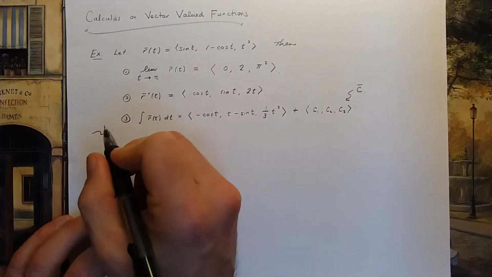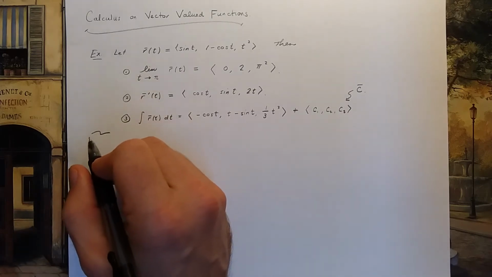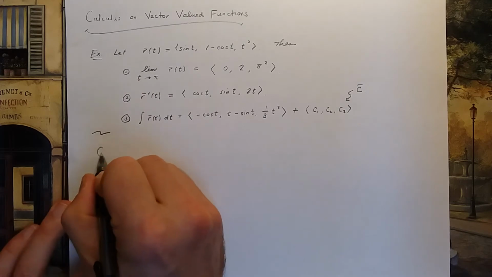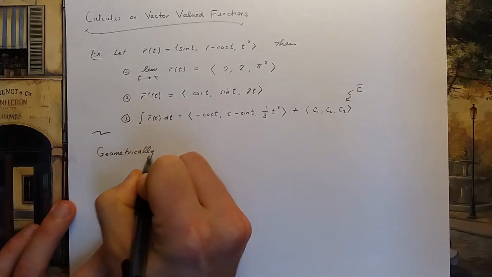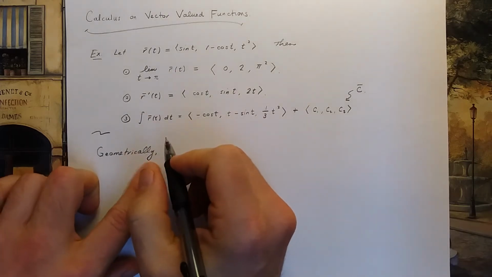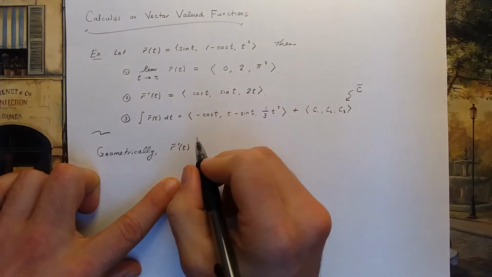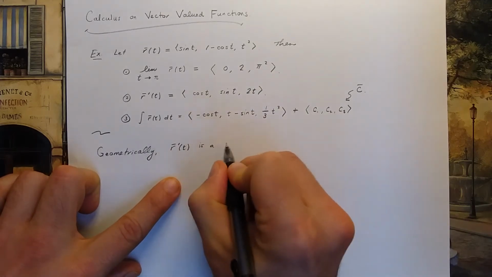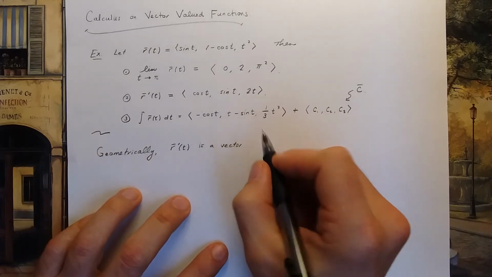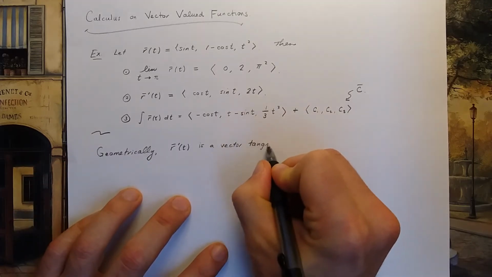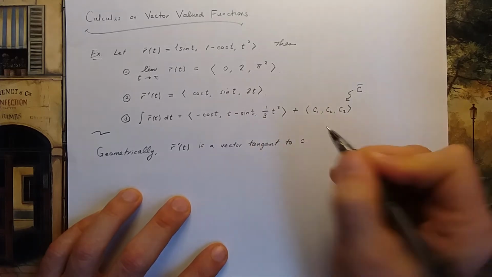Okay, so what does the derivative actually do for us in this situation? Geometrically, the derivative of your vector-valued function, r prime of t, is a vector in a direction that's tangent to the curve traced out by your vector-valued function.